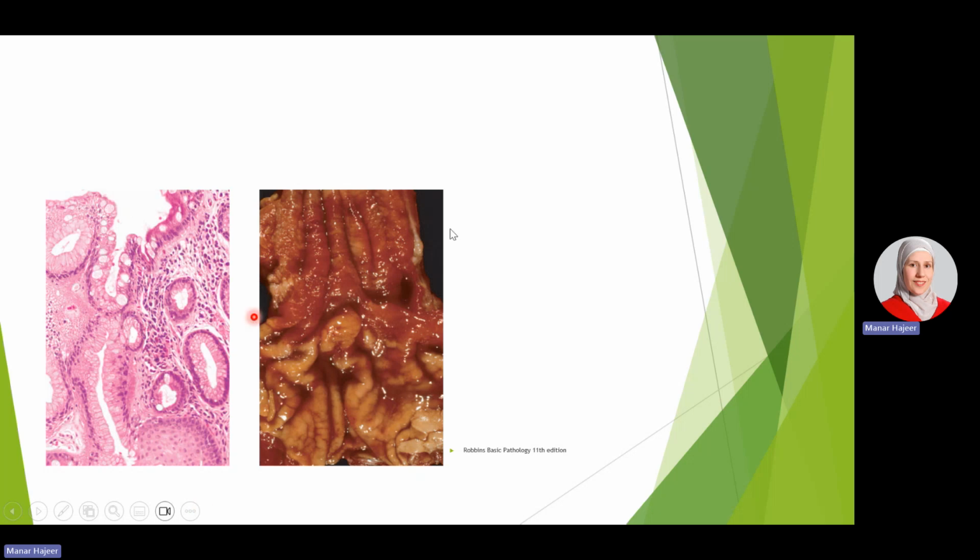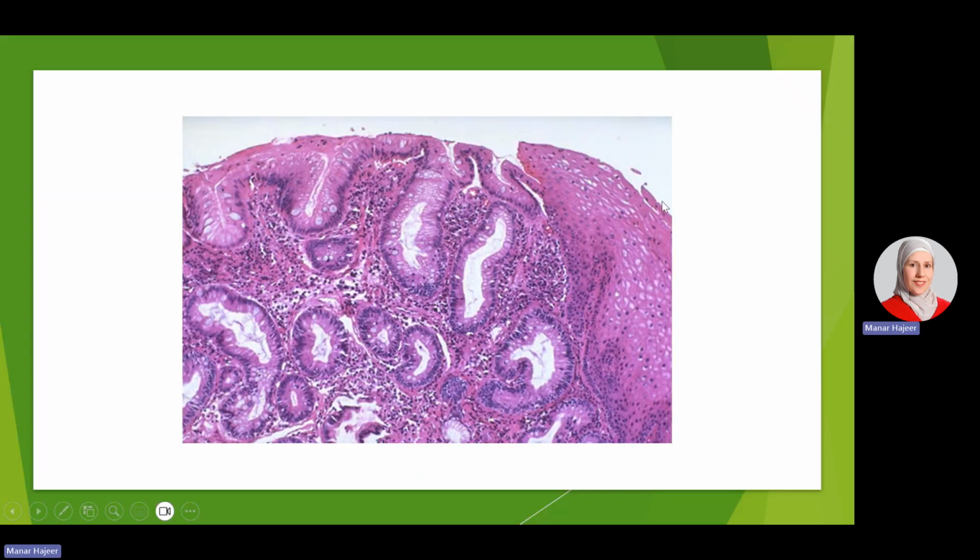As you can see here, this is the esophagus. Normally, the esophagus is tan or light pink in color, but here it is red and erythematous. And here we can see the goblet cells in the biopsy taken from the esophagus. Here is the squamous epithelium normally found in the esophagus.